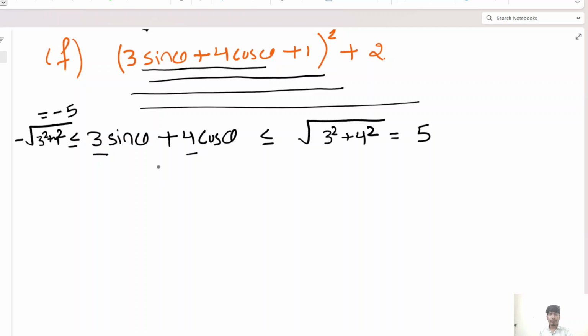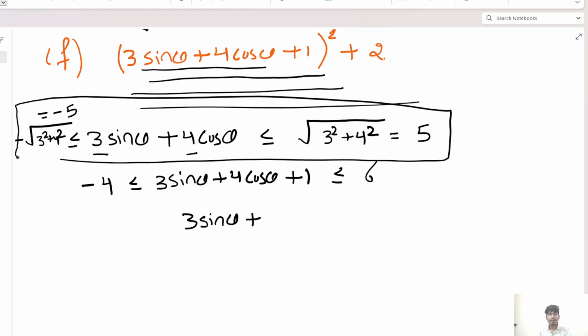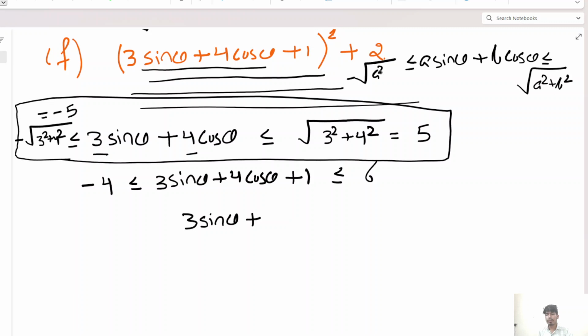So when we add 1, both the maximum and minimum values get 1 added. This is less than or equal to 5 plus 1, that is 6, and this is greater than or equal to minus 5 plus 1, that is minus 4. Now we take the square of this. Do you understand how we write this? Because this is the same remark: a sin theta plus b cos theta is less than or equal to under the root of a square plus b square and greater than or equal to minus under the root of a square plus b square.